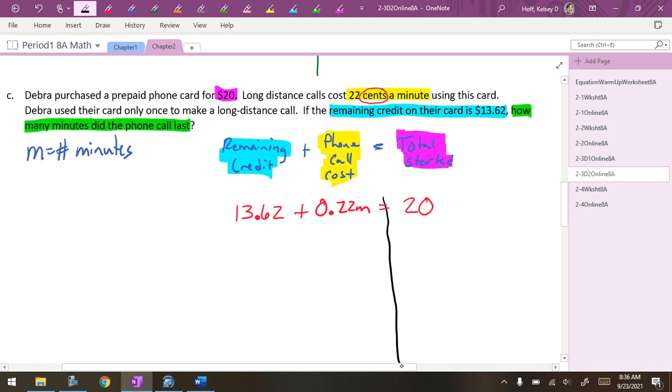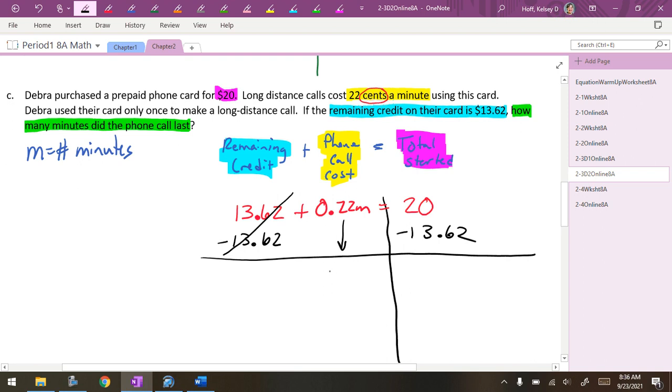Somebody raise your hand and tell me what you want to do first. Jack already gave me an answer. Somebody I have not heard from today. Petro. Very good. 13.62 is positive, so we need to subtract it to the other side.